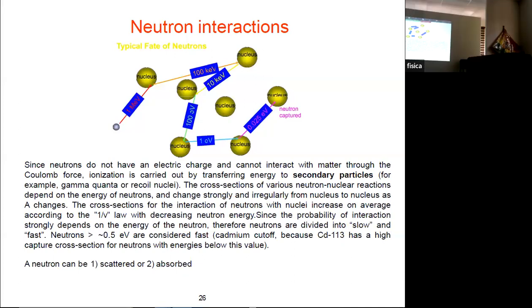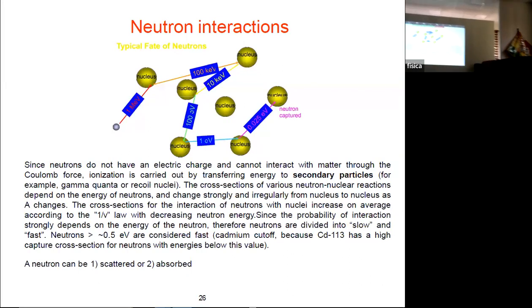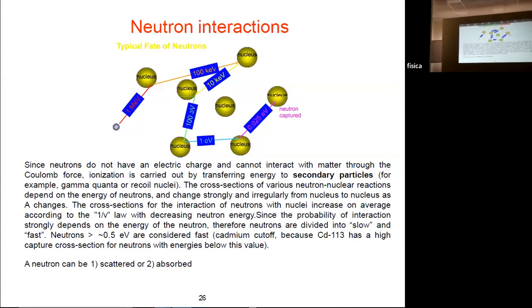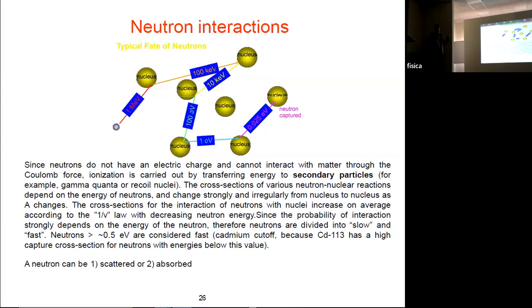particles with matter. Firstly, I would like to remind you of the matrix in which we divide all particles into two categories: charged particles and uncharged particles. Charged particles are electrons, light particles, and heavy particles like protons and ions.